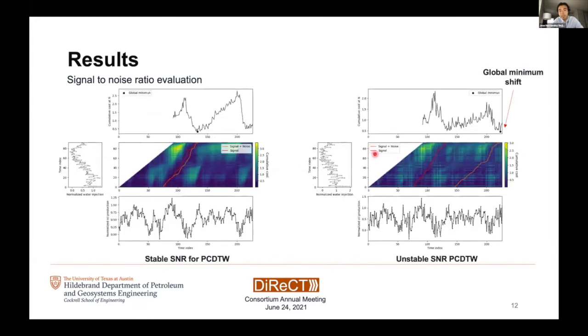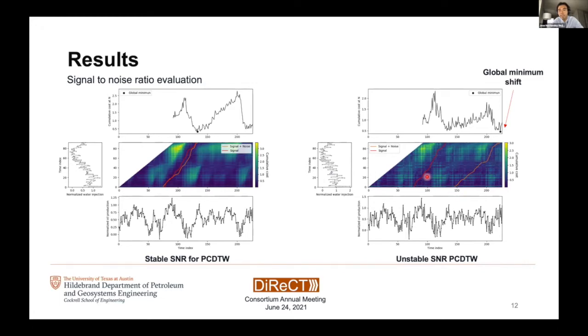That happens because when we add more noise to our signals, we have a shift in the global minimum of the selection of the starting point of the warping path. That shift is generated because of the random noise that is added into the signal. And since this is the starting point, the algorithm is going to find the warping path based on this starting point.